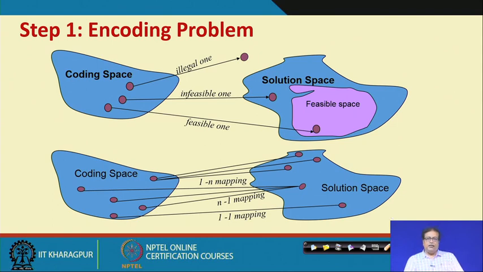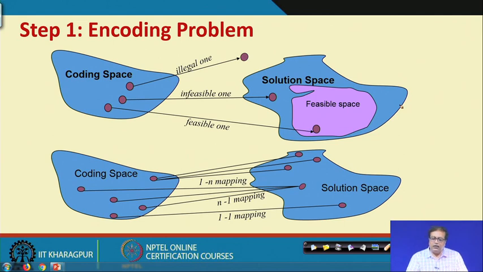Once we know what encoding is, we should also understand another very important thing, that we have a coding space and we have a solution space. The coding space and the solution space are two different things. The solution space is basically the actual solutions.